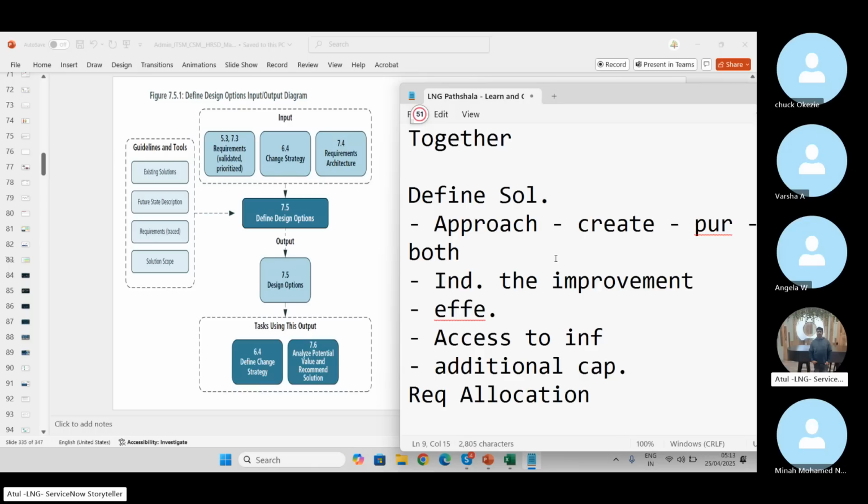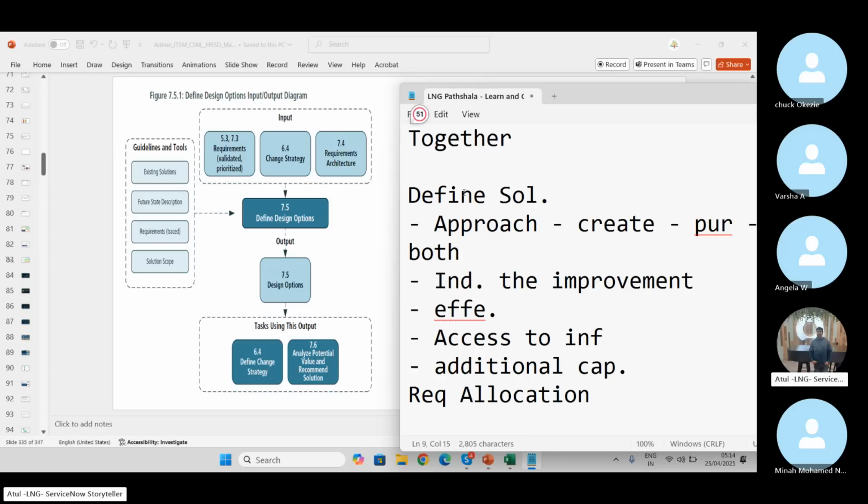Then why should we spend so much time on this? It is easy to purchase. So you are allocating your requirements to the different alternative solutions. I am again repeating my words: it is defining the solution, not finalizing the solution. So in these areas, your ideas should be wide as well.